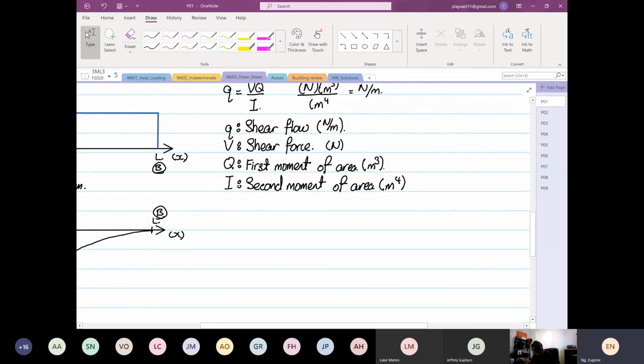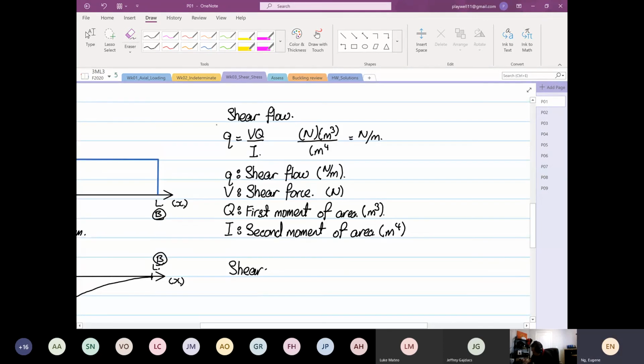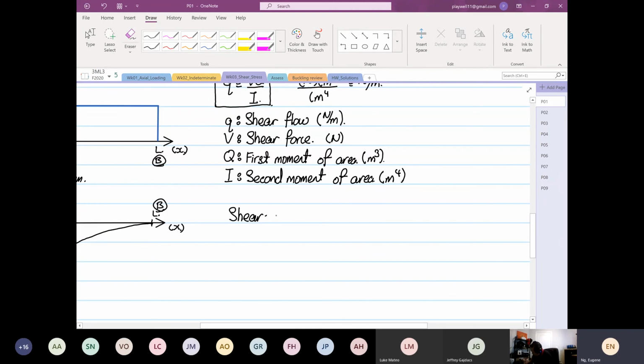The next one is shear stress. I better put this in a box so that you know it's important. The other one is shear stress, tau, which is equal to VQ over It.